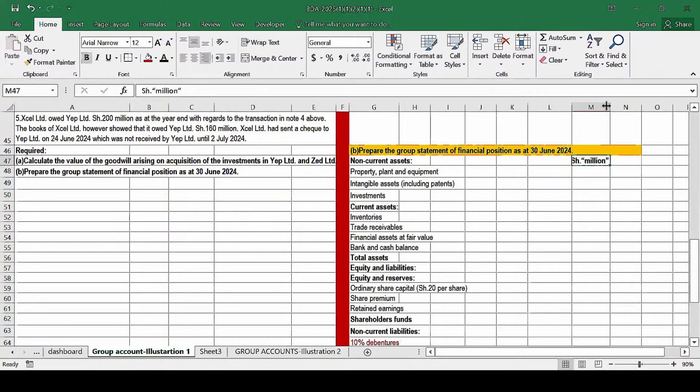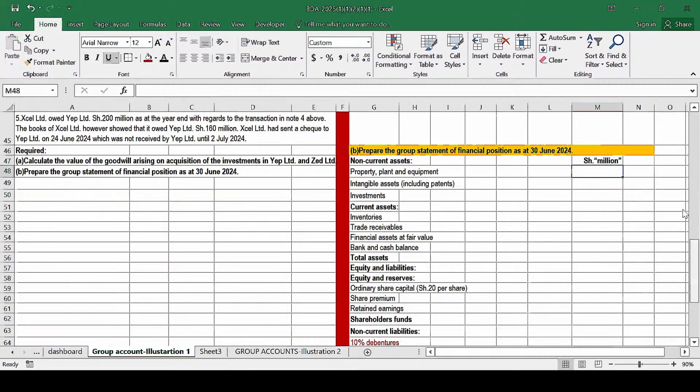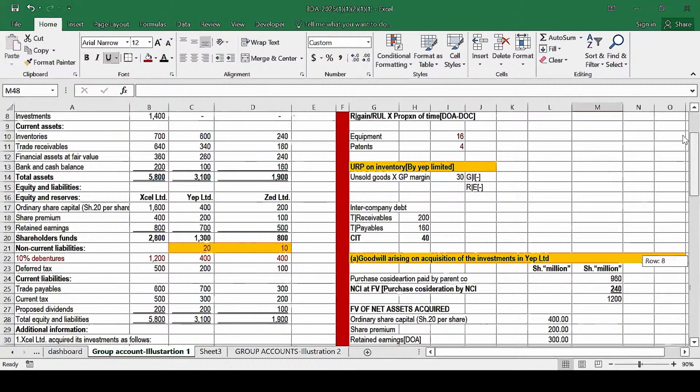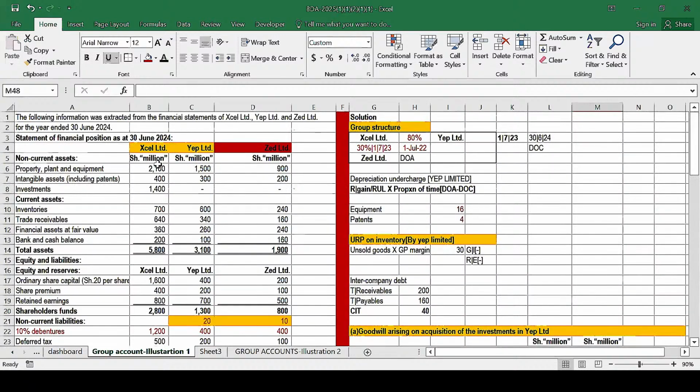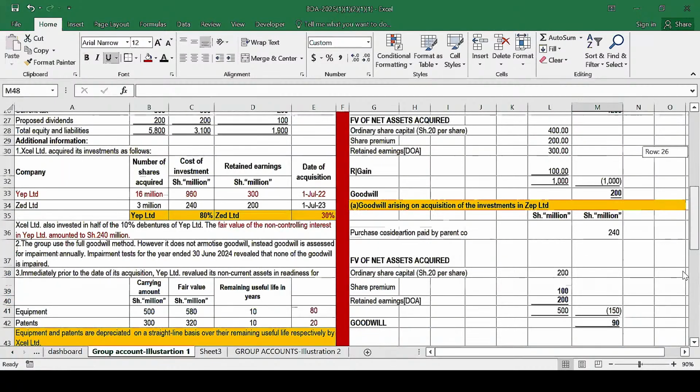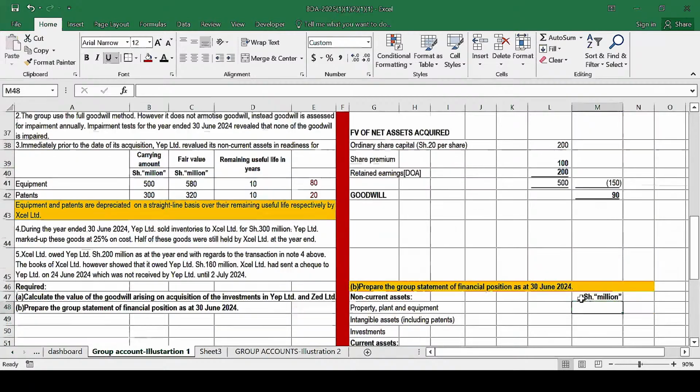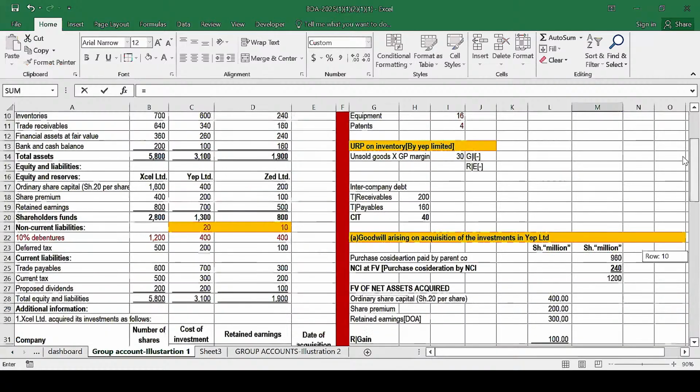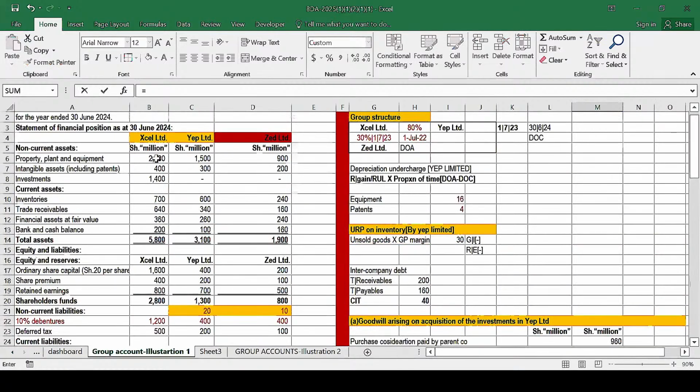So basically, to prepare this, we combine similar items of asset and liabilities, those of the parent, those of the subsidiary. So we will start with the PPE, property, plant, and equipment. This one will be equal to, we just need to develop a formula here, whatever you have here, plus what we have here.